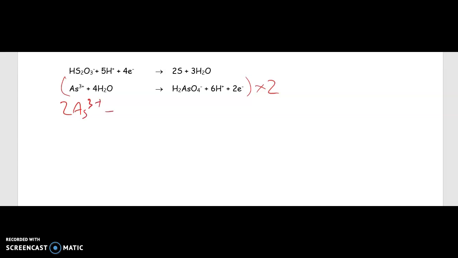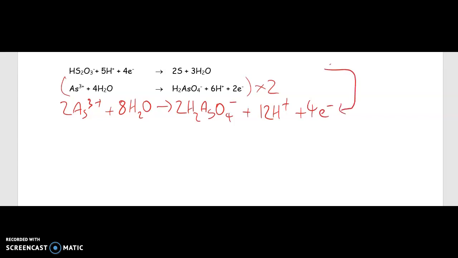So 2As, 4 times 2 is 8 waters going to 2H2AsO4- plus 12H+ plus 4 electrons, and now I'm going to add those two, and I'll start all the way over here.